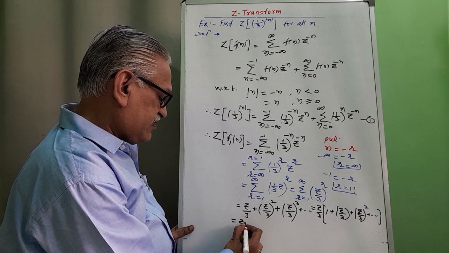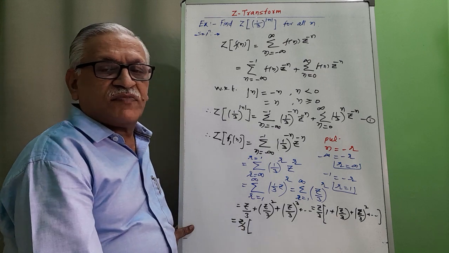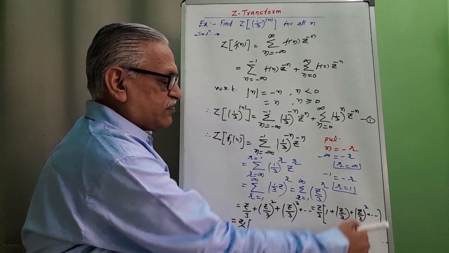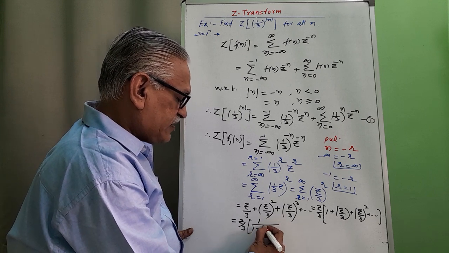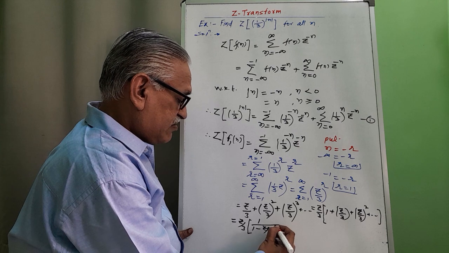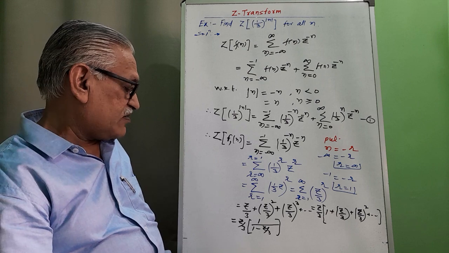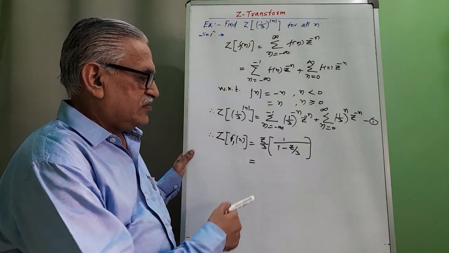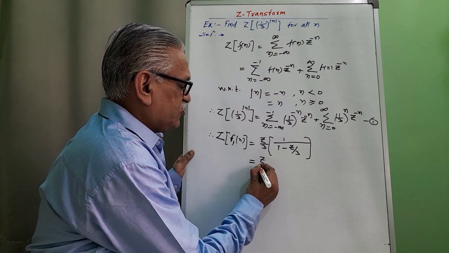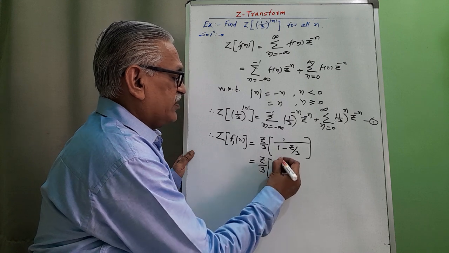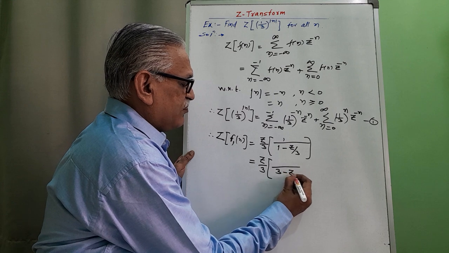This is z by 3 multiplied by the sum of the series 1 plus x plus x square and so on, which is 1 upon 1 minus z by 3. Cross multiplying by 3, we get z by 3 as it is, no change, divided by (3 minus z) upon 3.